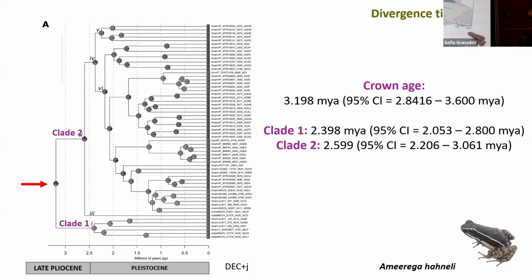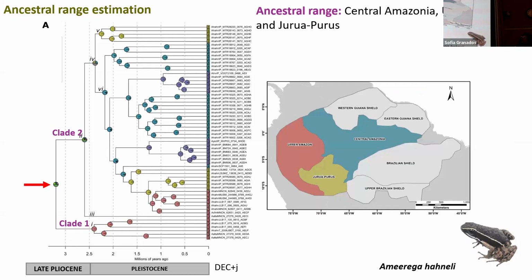Now, in terms of their ancestral ranges, this ancestor was also widely distributed. As you can see, it shared the same upper Amazon and Central Amazonia bioregions. However, this ancestor was also estimated to be here in this region, the Juruapurus bioregion.